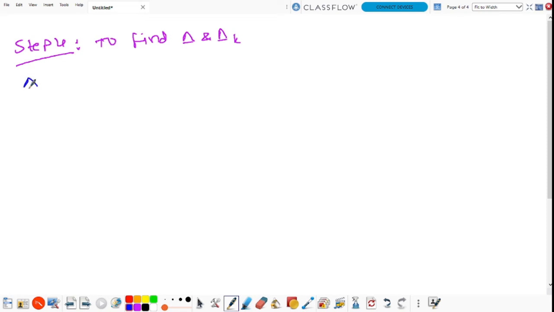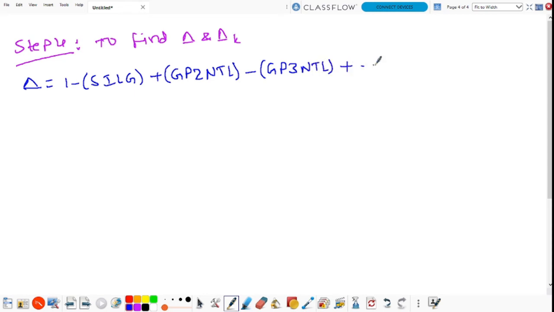The equation of the delta is equal to 1 minus sum of individual loop gains plus sum of gain products of all possible combinations of two non-touching loops minus gain products of all possible combinations of three non-touching loops plus, and so on. So this is the equation of the delta.